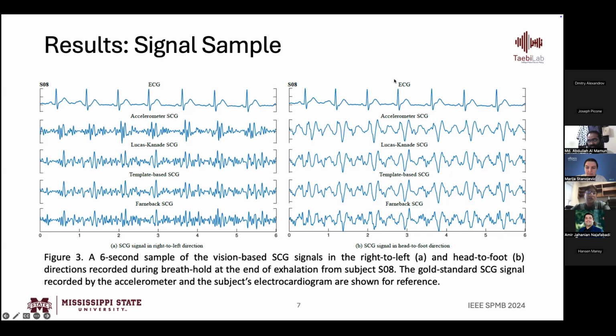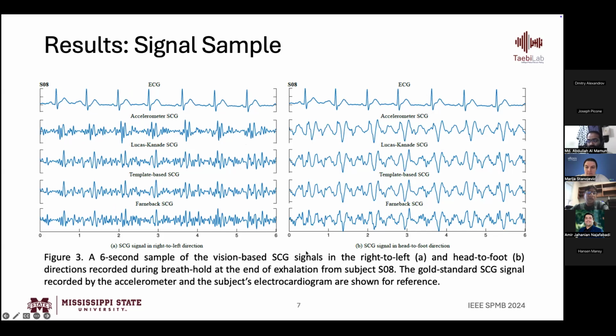Yes, if you compare the accelerometer signal with the vision-based signal, this right portion shows the head-to-foot direction signal, and it is very similar, but if you compare it to the right to left direction signal, we have some noise here. So head to foot is more pronounced because the heart vibration is more pronounced in that direction. The vertical axis is not labeled, so it's difficult to know which one is louder.